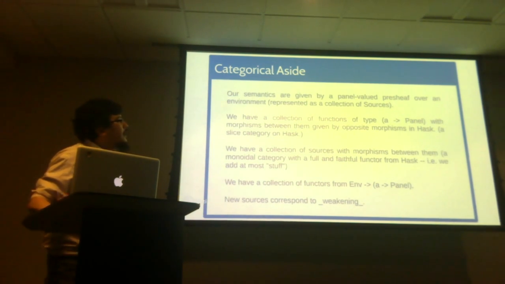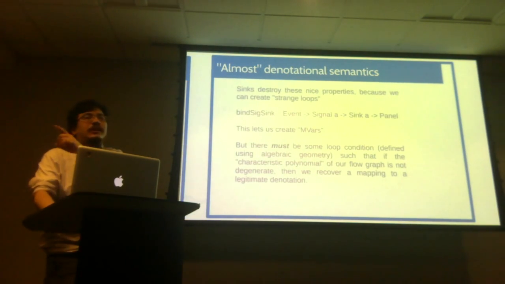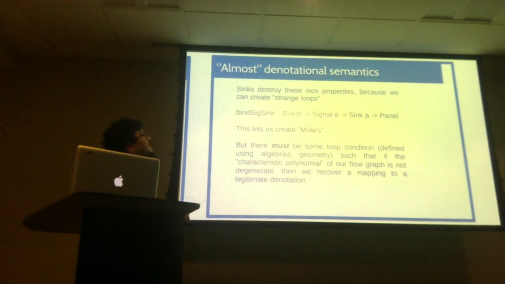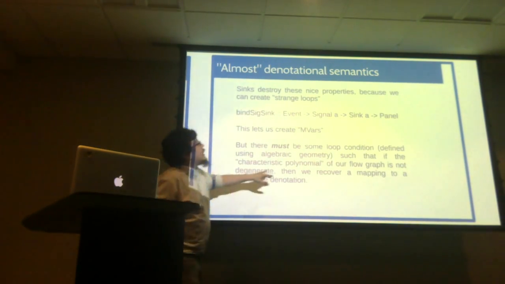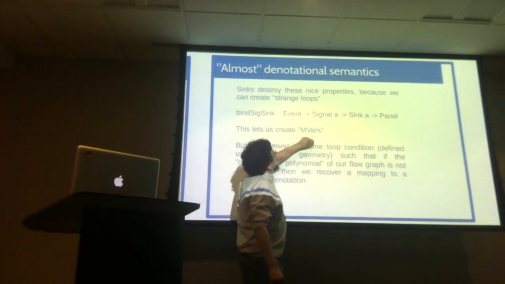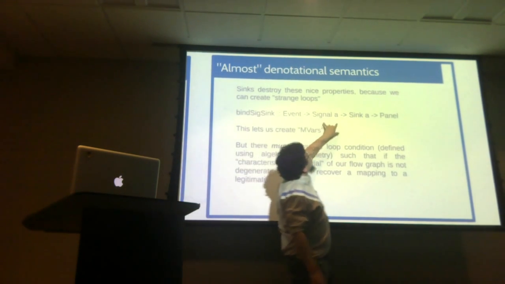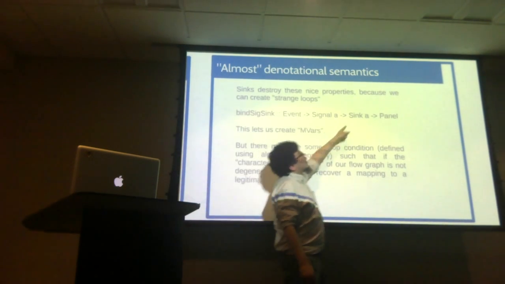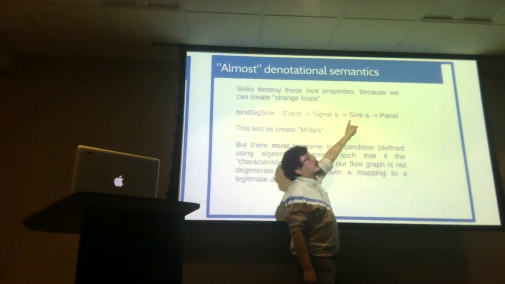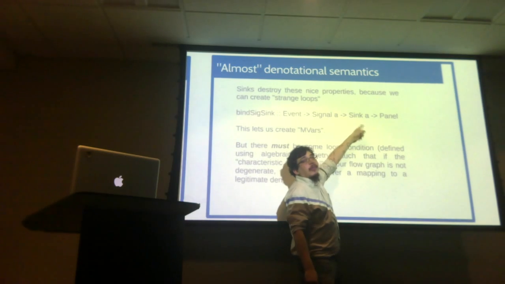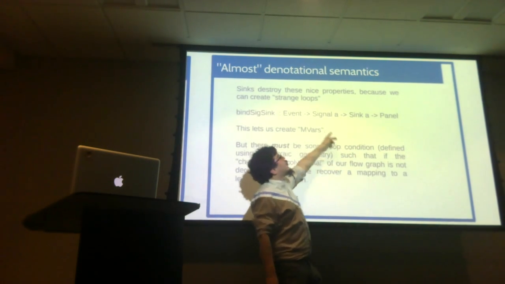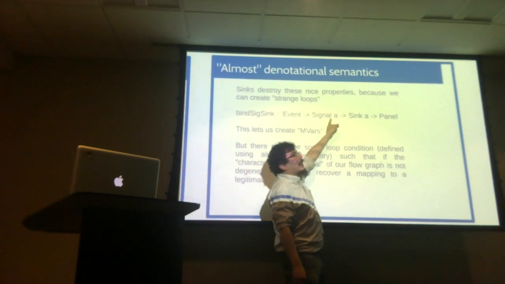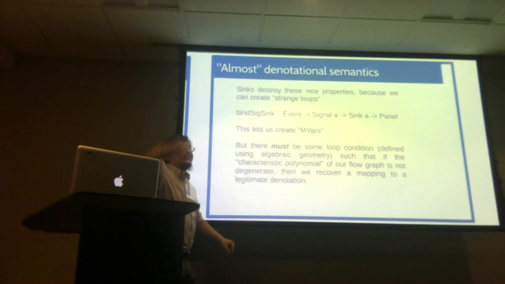calculus. So we have a good story there until you introduce the evil that sinks do. So this is why sinks are evil: you can do this. I can bind signal to sink. So every time an event fires, we're going to take the signal and give it to the sink. And then what the sink is going to do is, in theory, something that can do any arbitrary thing on the page, including creating another signal. So now I can introduce loops.